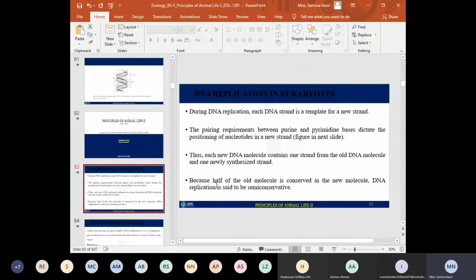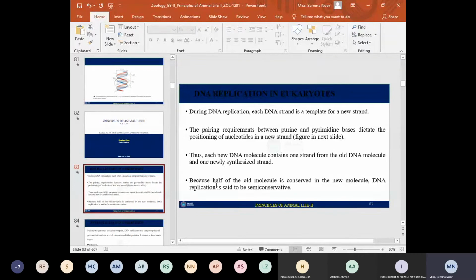Because half of the old molecule is conserved in the new molecules, the most acceptable model for DNA replication is known as the semi-conservative model for DNA synthesis. As the name shows, semi-conservative means partial conservation of the parental DNA molecule, in which half of the DNA molecule is conserved from the parental DNA molecule and one strand of the DNA is newly synthesized.